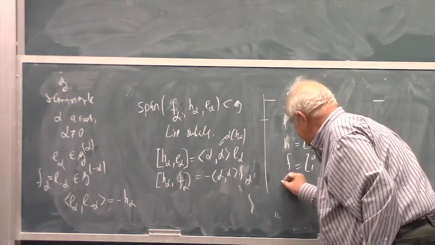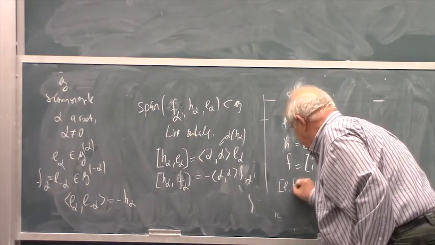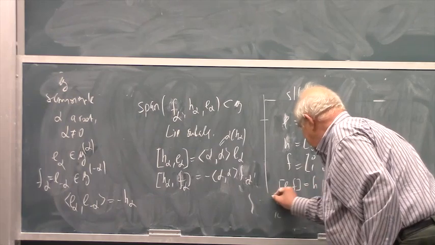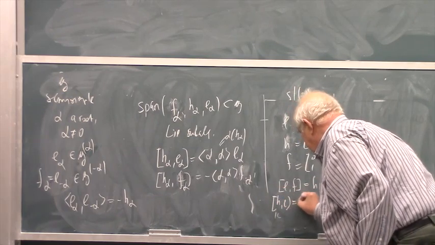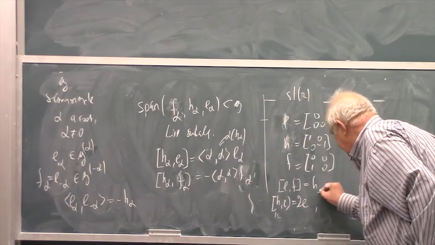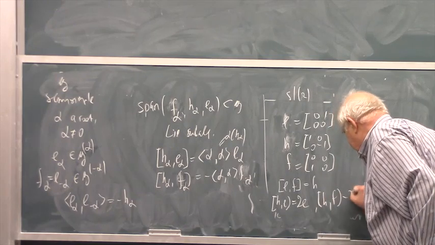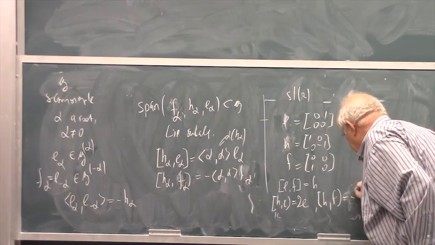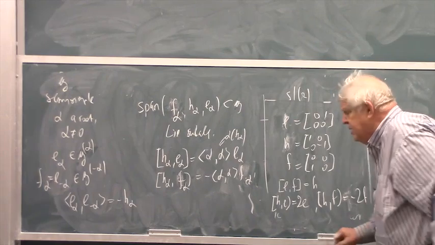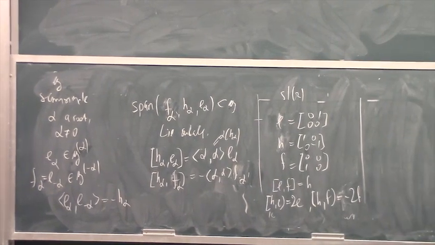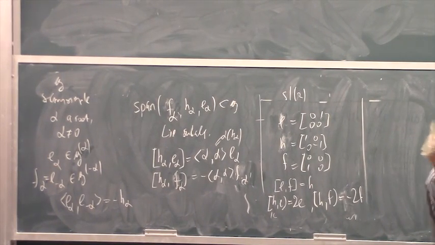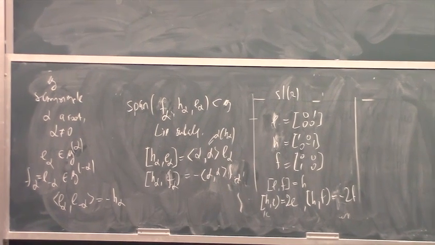Then the commutator relations are EF is H, HE is 2E, and HF is negative 2F. So this is SL2, and it is very clear that these two Lie algebras, the subalgebra of G which is determined by a root, and this canonical object, are isomorphic to each other, just different coefficients.